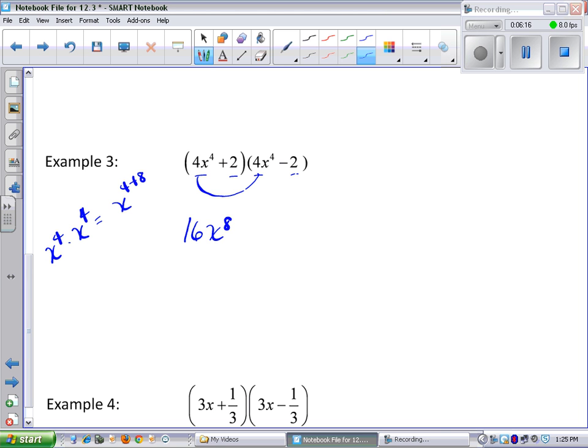That's where the 8 comes from. 16x to the 8th, the outside would be minus 8x to the 4th, and the inside would be plus 8x to the 4th. And the last, the positive 2 times the negative 2 would be negative 4. The outside and the inside drop out, so that I will have 16x to the 8th minus 4.